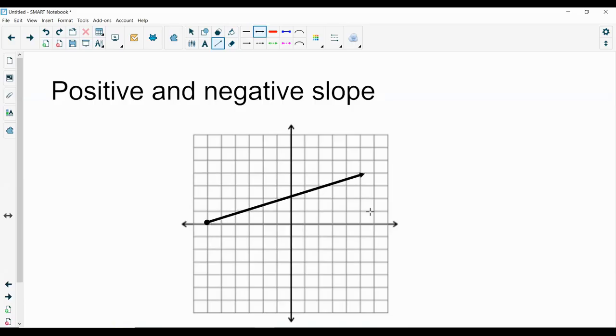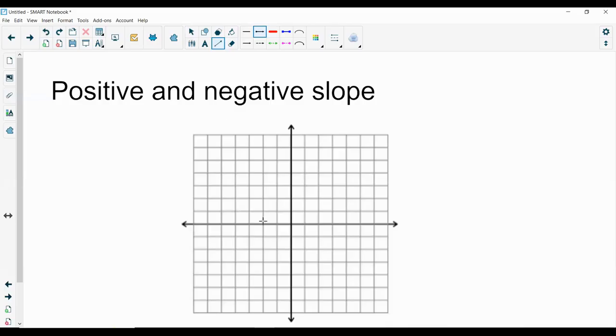If I want to determine if this is a positive or a negative slope, I always start from this point, the point that's farthest left, and work my way this way. So if I'm starting here and the point is going up like this, then I know that the line has a positive slope. But what if we're talking about a submarine?